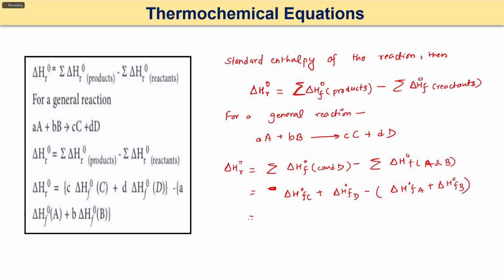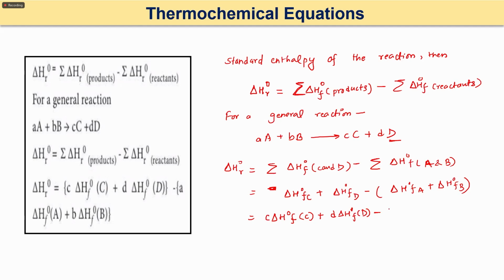Now we have this. The enthalpy of formation of C will be nothing but the number of moles multiplied by the value of its enthalpy of formation. We have c moles of C, and its enthalpy of formation is this.